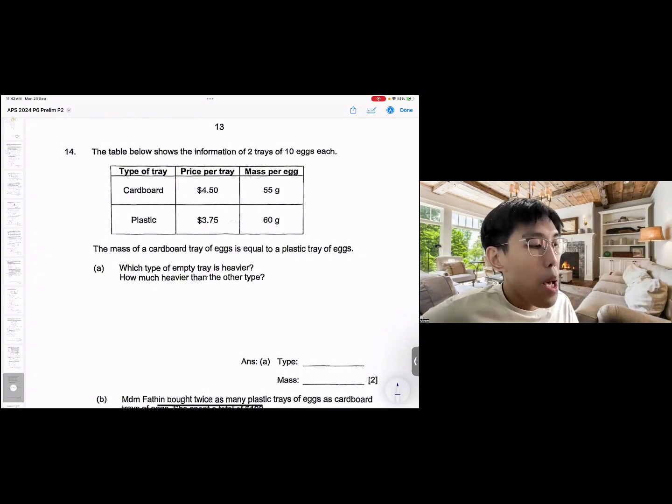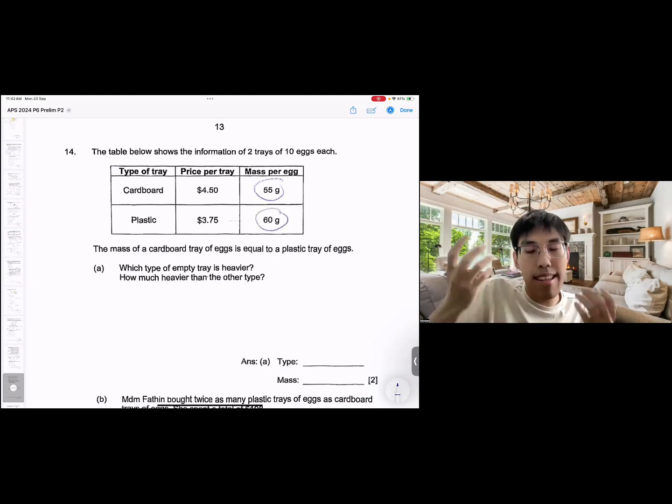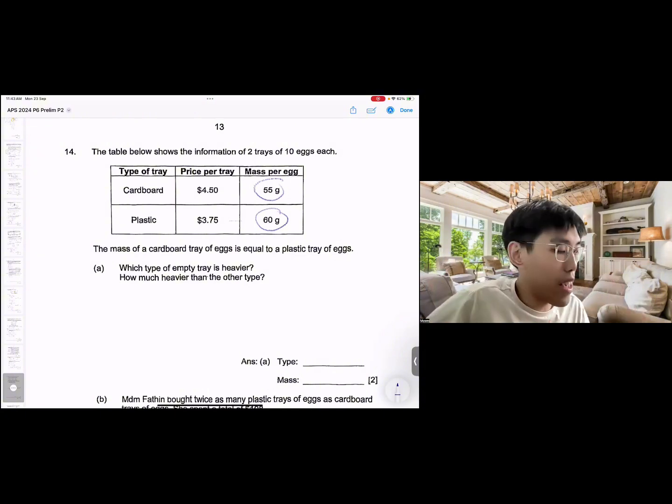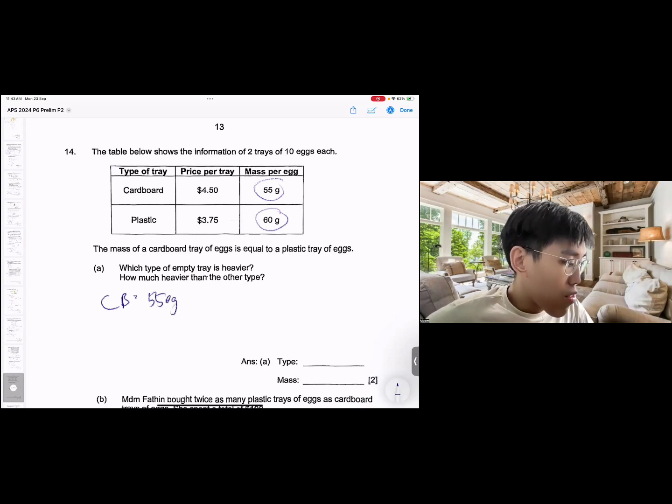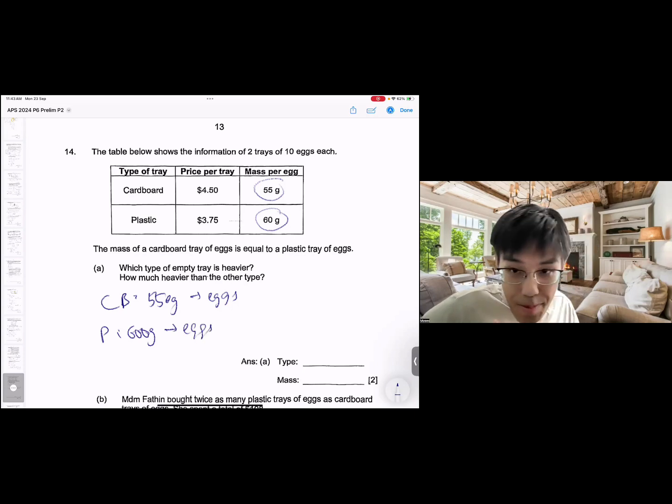So from here, they say the mass per egg is 55 grams and 60 grams for cardboard and plastic. That means the type of eggs in the trays. So which type of empty tray is heavier? From here, we can see that the cardboard one is 550 grams of eggs, and for plastic it is 600 grams of eggs.